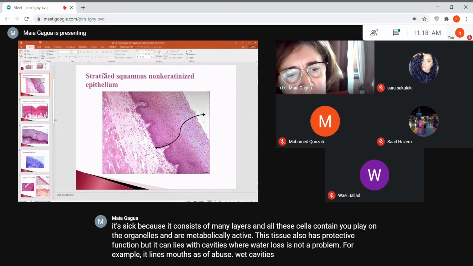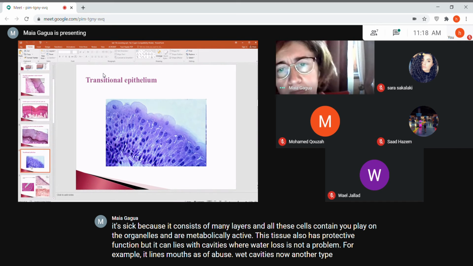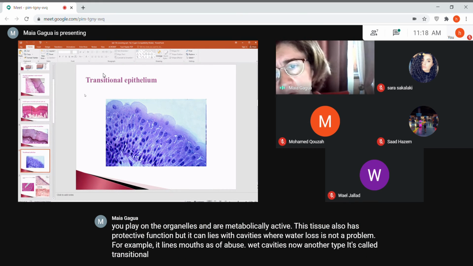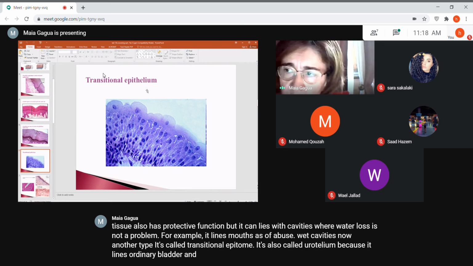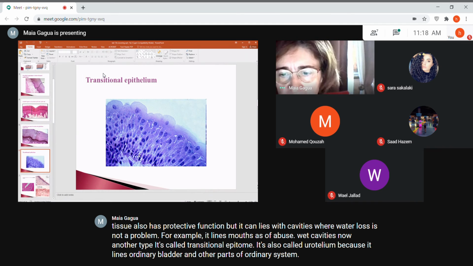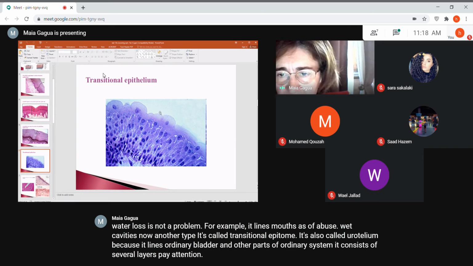Now another type. It's called transitional epithelium. It's also called urothelium because it lines urinary bladder and other parts of urinary system. It consists of several layers. Pay attention to the superficial cells. They are large cells.